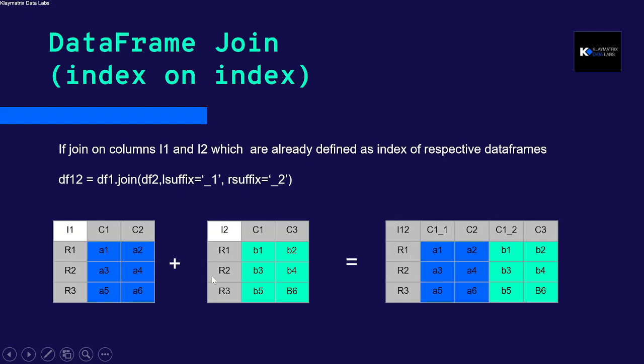Now you note that this kind of join has a default property of using the left join, right? So basically take this one as the default index. So in this case we're getting the output like this, and you also note the suffixes over here because C1 is in both the data frames, so it is getting a suffix. If we don't provide the suffix, it will throw an error.